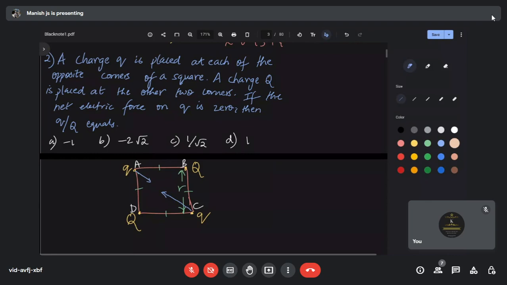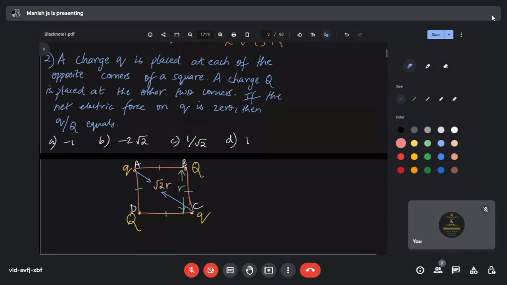Simplify it. R square, which is root 2 into the side. Root 2 R is the diagonal length. We should remember all these formulas readymade because each time we cannot derive. So this is the root 2 R distance.